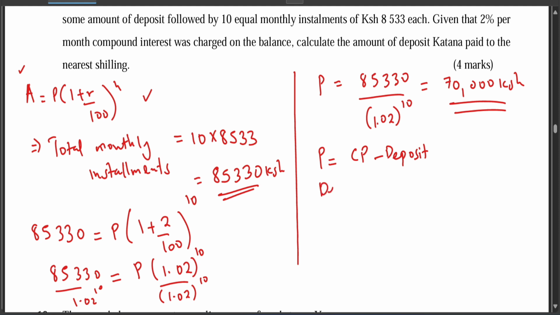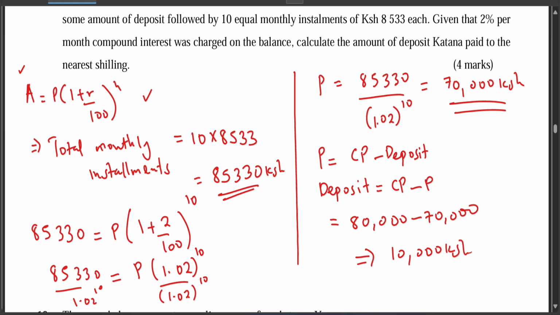So if you want to find the deposit, it's basically your cash price minus your principal. So your cash price was 80,000 minus your principal, which was 70,000. So it gives you 10,000 Kenya shillings as your deposit.